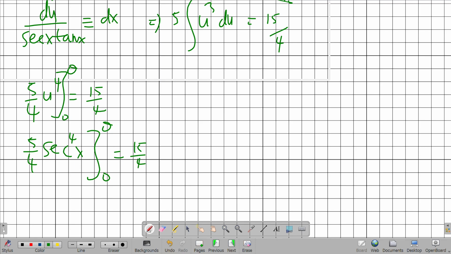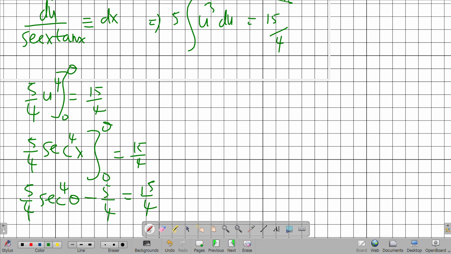So once we've done that, I want to believe it is much more straightforward to simplify this, because if I put theta here, I'm going to have 5 over 4 sec to the power of 4 theta. If I put 0, this is just going to be 5 over 4, because sec is 1 over cos, and cos 0 is 1, which is equal to 15 over 4.